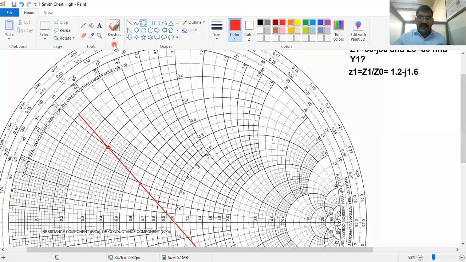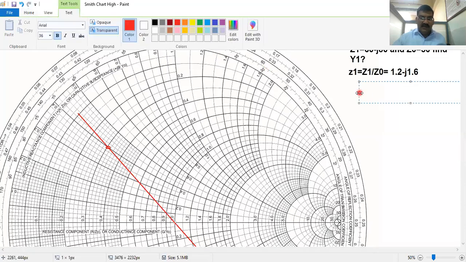So I will directly mark here small yl. Small yl equals 0.3 plus j 0.4. If you do that, then you can understand it. Otherwise, it is very difficult.